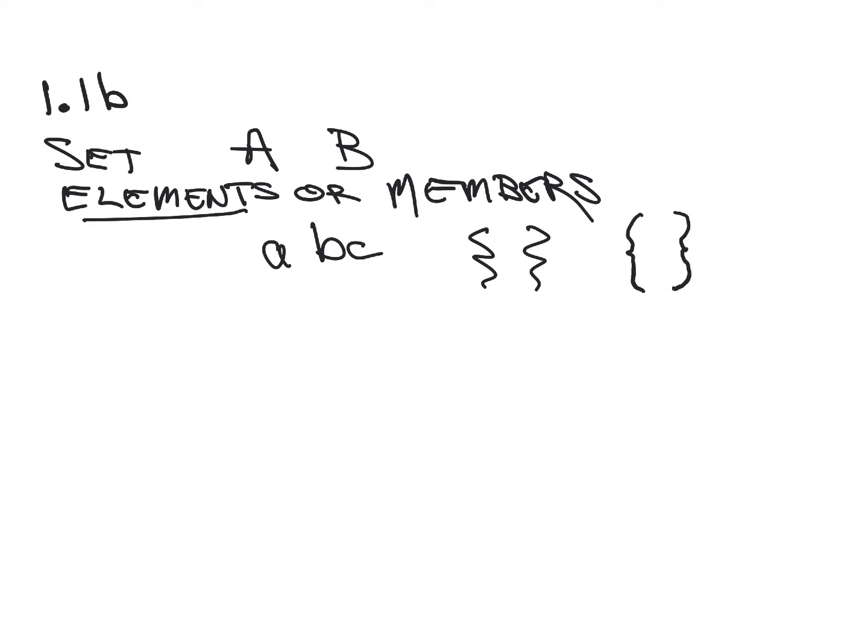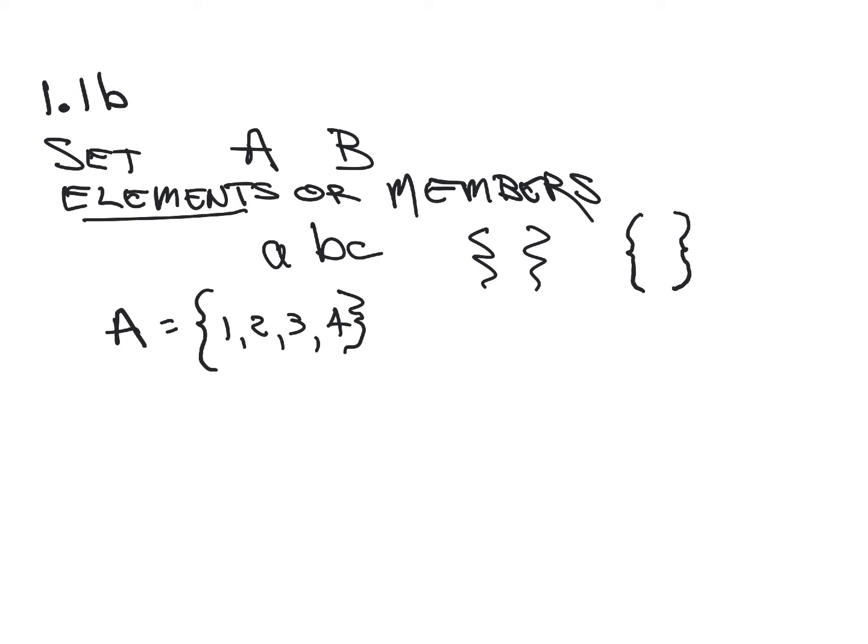So if I'm talking about the elements in set A, I would write capital A equals the set, let's just say 1, 2, 3, 4. That means set A has 4 members, and those 4 members are 1, 2, 3, and 4.